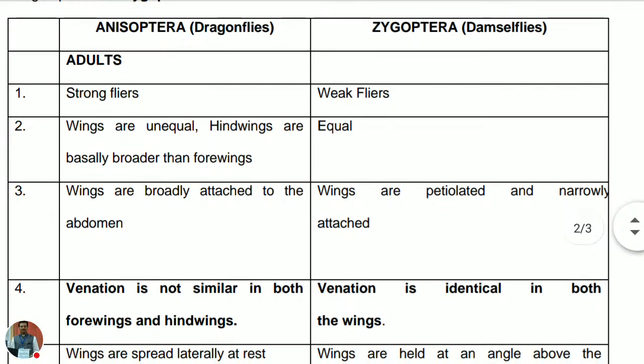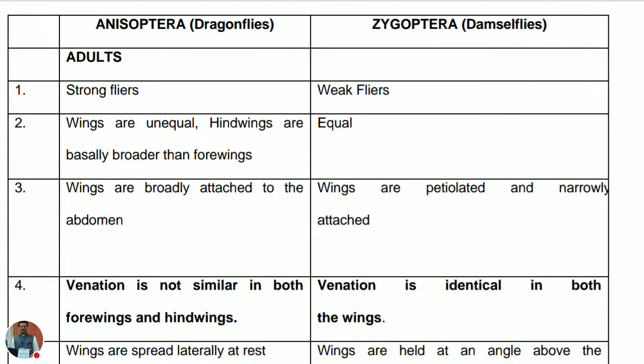So now the characteristics of adults. First point, adults are strong flyers, means the dragonflies are strong flyers while the damselflies are weak flyers. Second is the wings are unequal in case of Anisoptera. In the dragonflies, the hind wings are basally broader than forewings, means these wings are unequal.